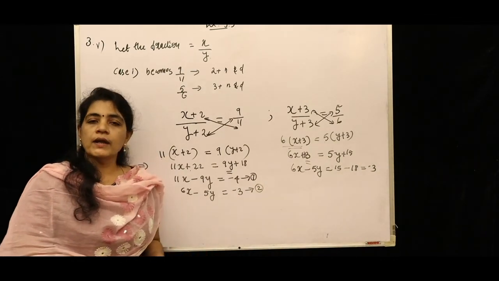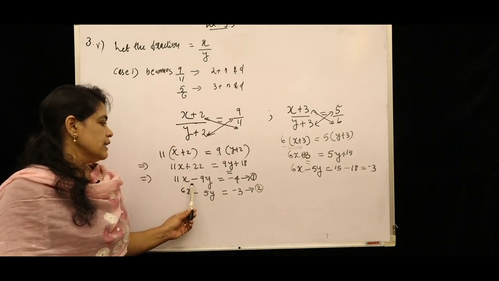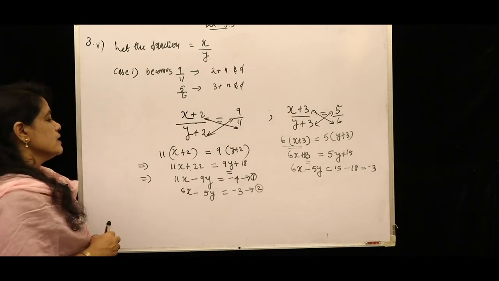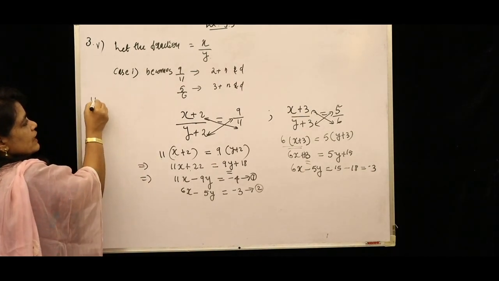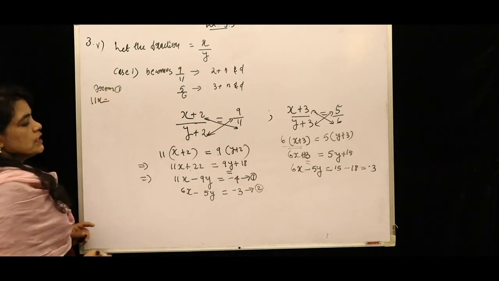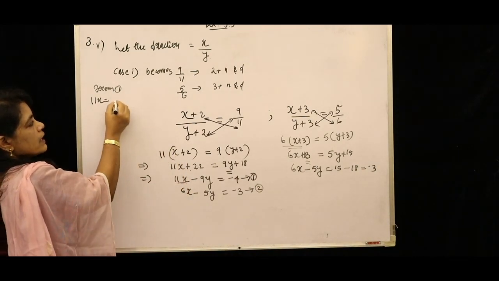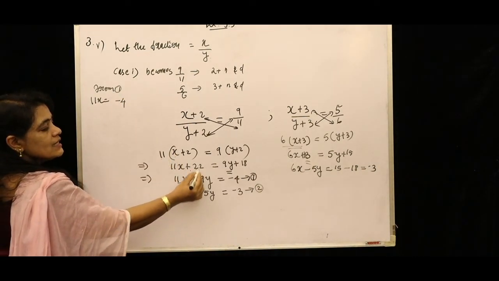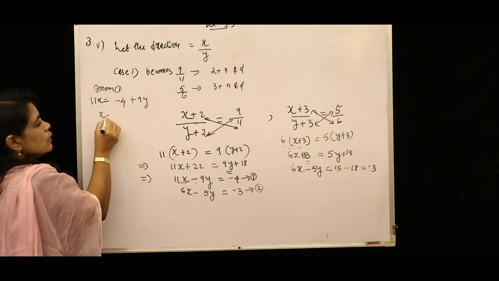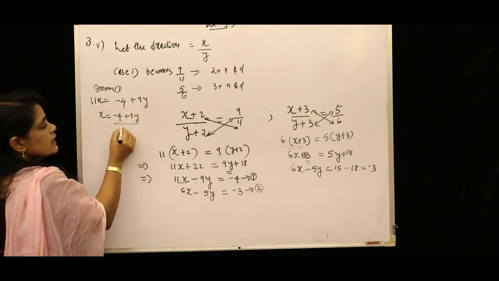Now we can apply the substitution method. That means we can express equation 1 in terms of x, that is 11x alone in the LHS. So 11x is equal to, from equation 1, 11x alone, there RHS negative 4 and minus 9y becomes plus 9y, and we need x alone, that is negative 4 plus 9y divided by 11.